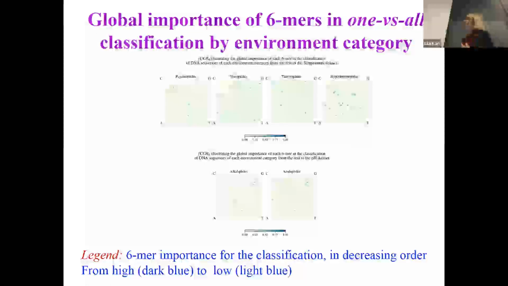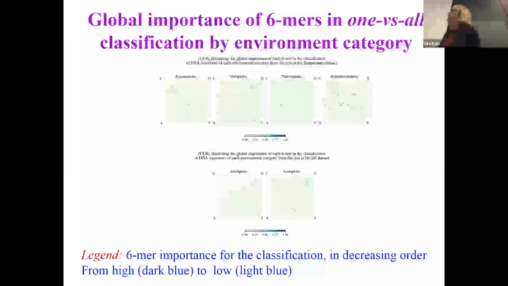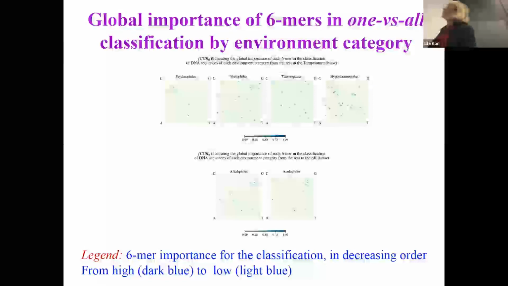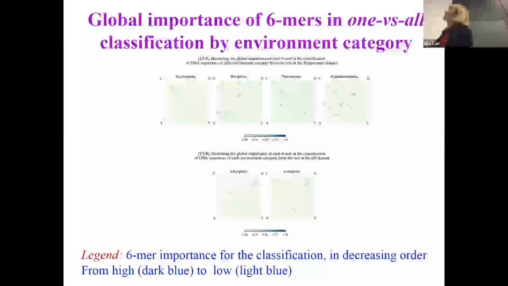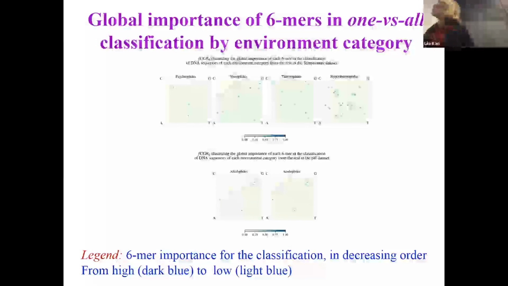So there are some interpretability methods that are attached to some of these supervised machine learning algorithms. This is a depiction of the global importance of various sigma in a one versus all classification by environment category. So if you want to classify hyperthermophile versus everything else, what are the sigmas that are the most important? There are these ones, in dark blue here.